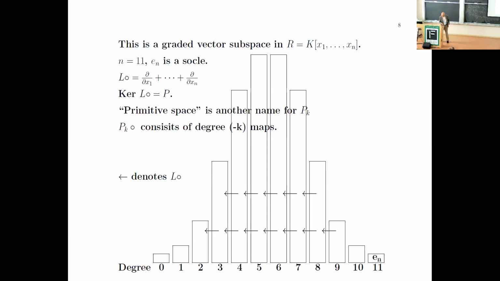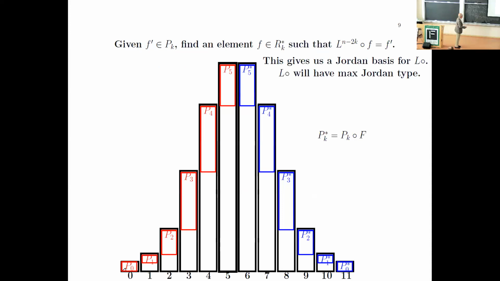And in this diagram, red boxes are primitive spaces, kernel of L circle, and the blue boxes I want to call dual primitive spaces.